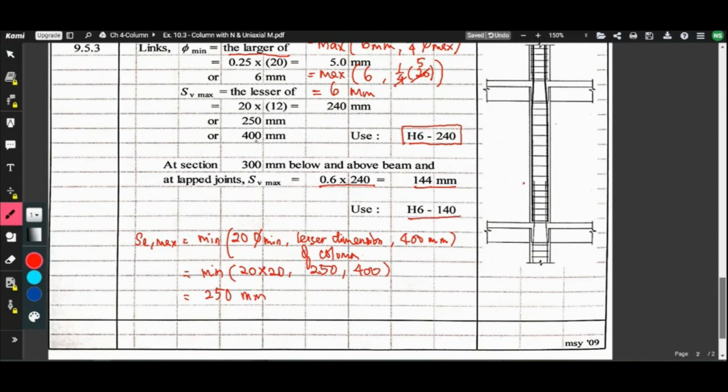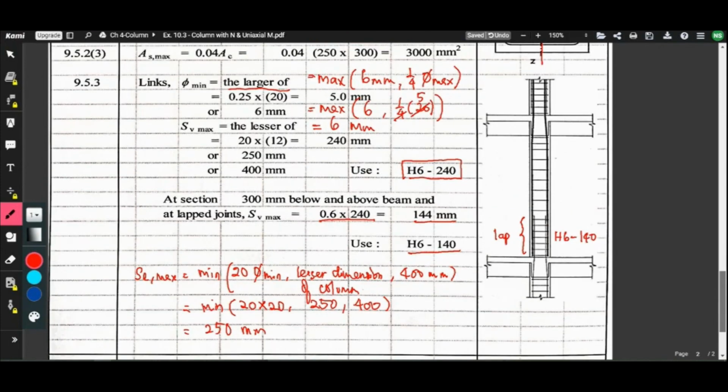At the lap joint, and at 300 mm below and above the beam, H6 at 140 for the link.